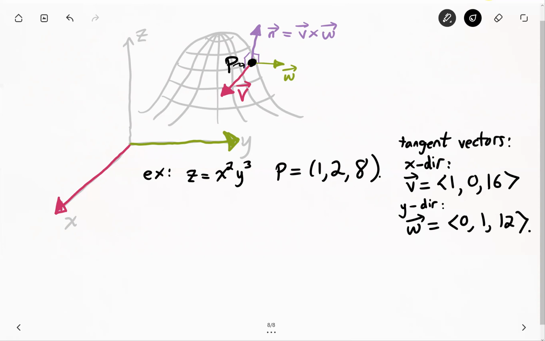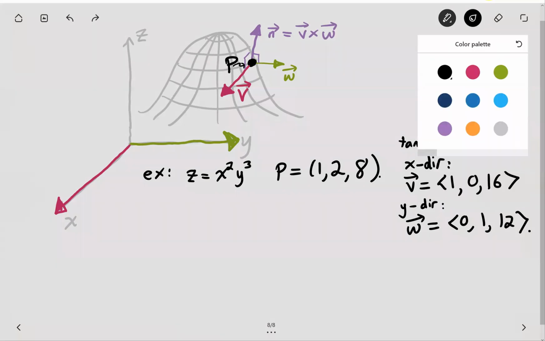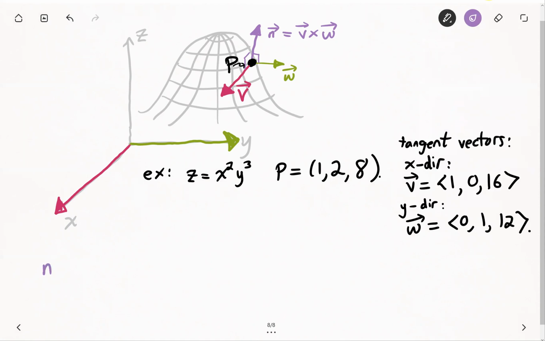Now, what I'd like to do here is calculate the normal vector, that is the cross product of these two vectors. And so the normal vector n, and since this is new, maybe I'll switch colors again. We're calculating this vector in purple. The normal vector is the cross product of v and w.